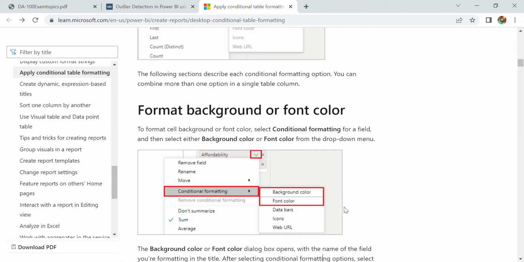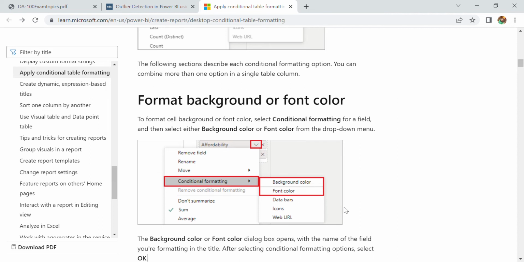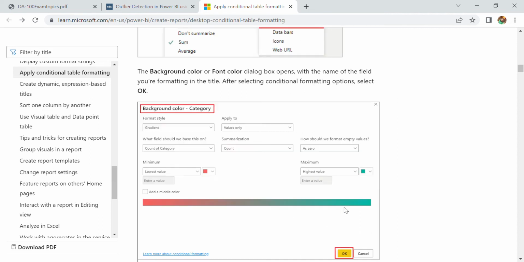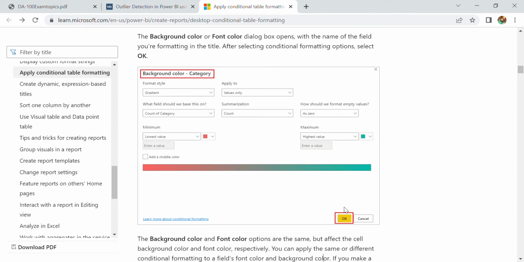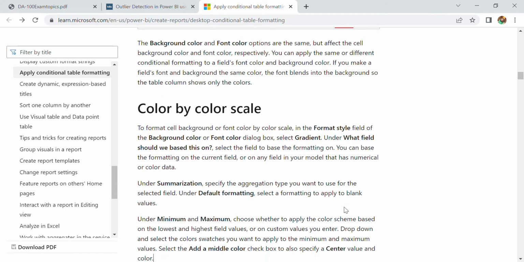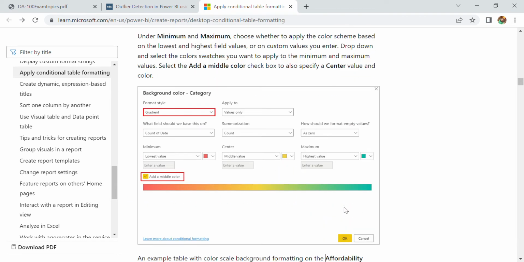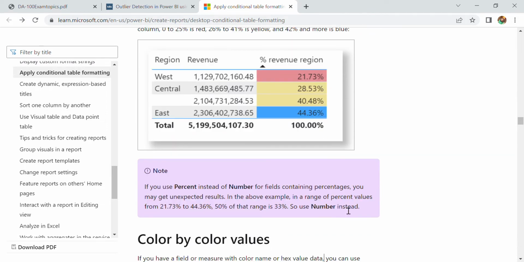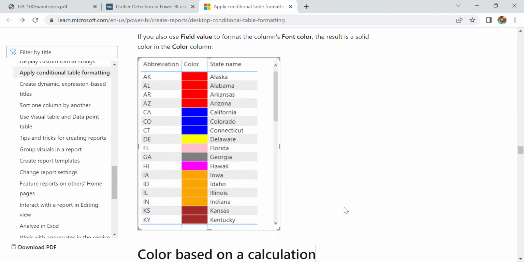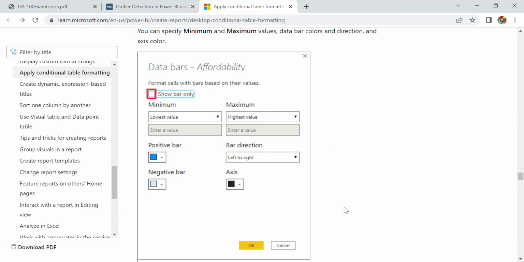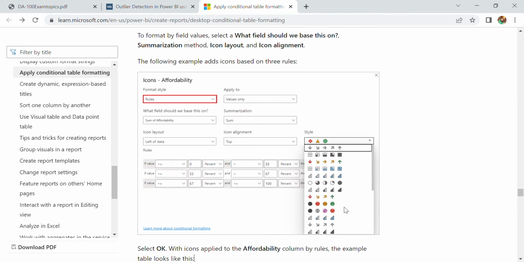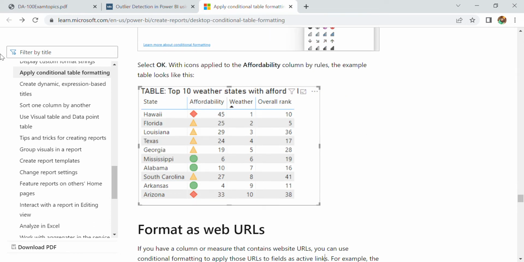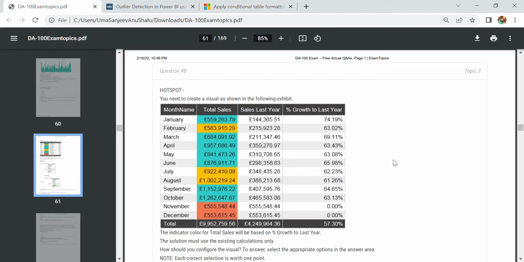This is a very good question. Also in format, for background or font color, you can change the background color or font color. You can color by color scale, color by rule, color by percentage, and you can add data bars and icons also. Why are we using Power BI?